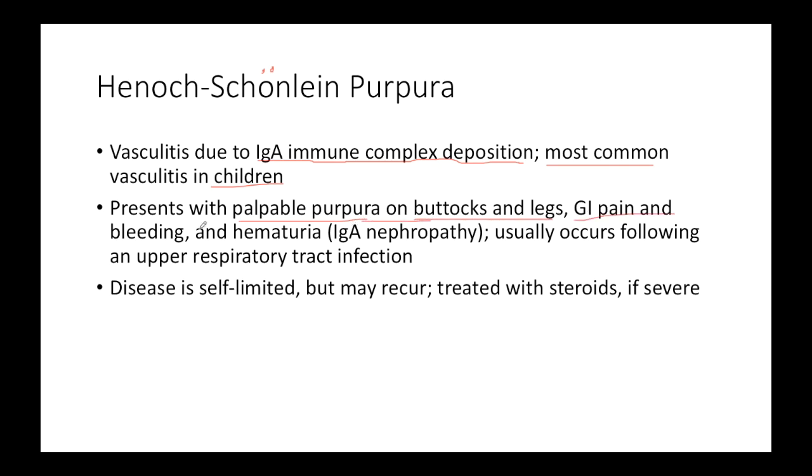You can also see GI pain and bleeding, as well as hematuria from IgA nephropathy. And this usually occurs following an upper respiratory tract infection, where you have IgA developing after this infection that then deposits into your kidneys, and then you got this vasculitis going on. The disease is self-limited, but it can reoccur, so you do want to treat with steroids if it gets severe.